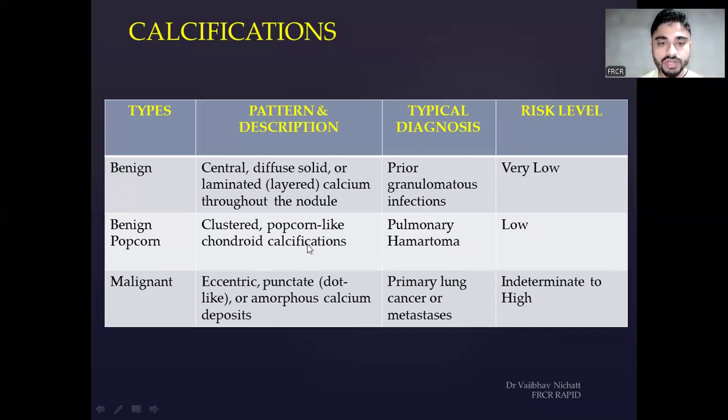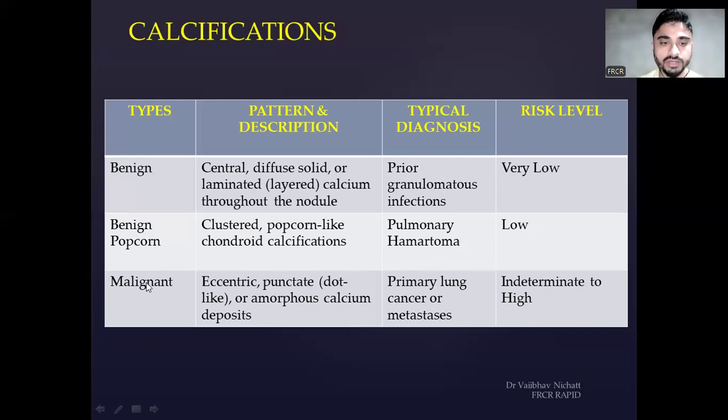Clustered popcorn-like chondroid calcifications, we all know. Where do we see this type of calcification? We see it in cases of pulmonary hamartoma. We have seen many cases of pulmonary hamartoma, and this is a benign popcorn type of calcification. The risk of malignancy is again low.